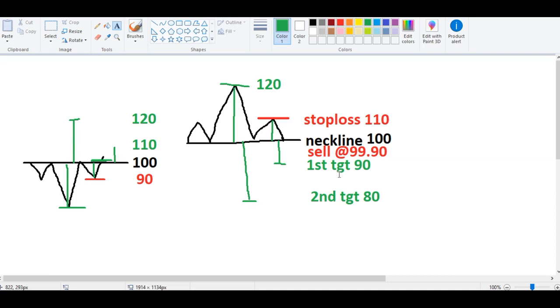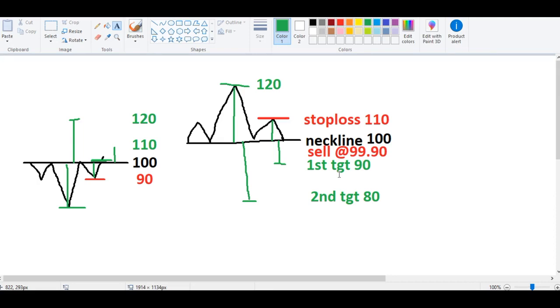Meaning, if I'm on the daily chart, I cannot expect the target to hit the same day or the next day, right? I might keep a time frame of about 1 week or 2 weeks. If I'm on the weekly time frame, I might keep a target time frame of about, let's say, 1 month.